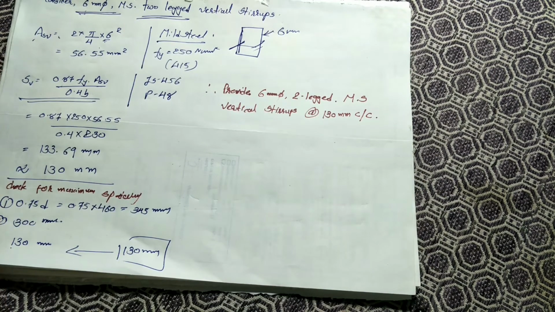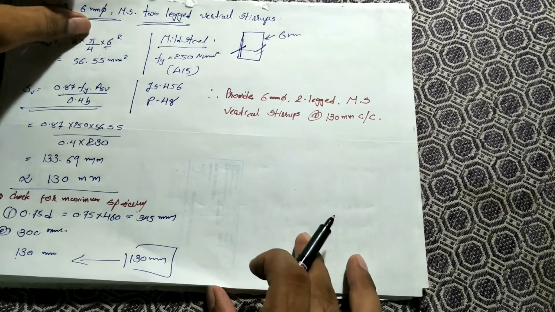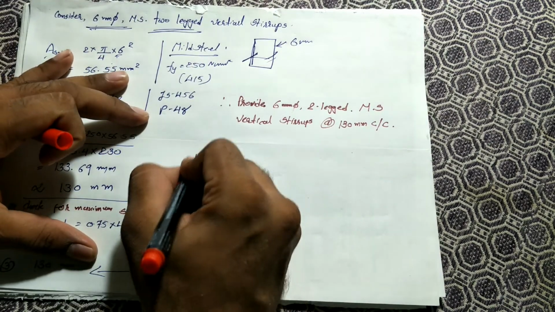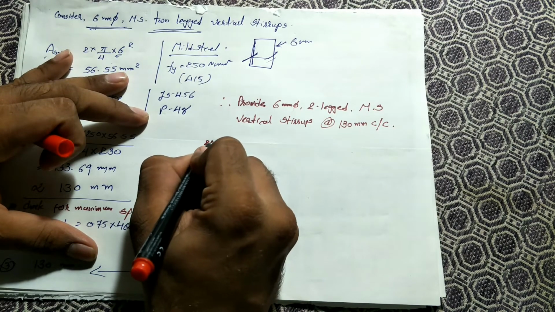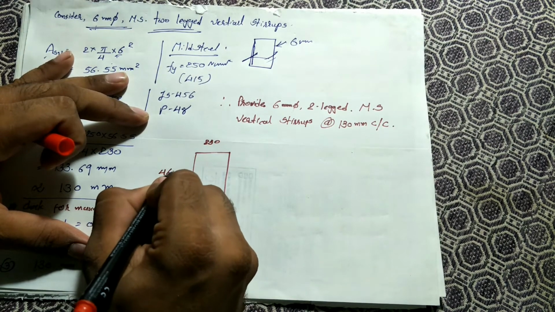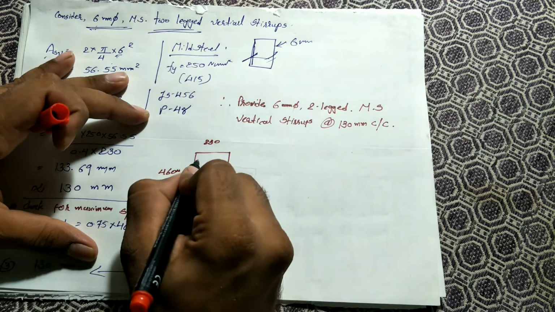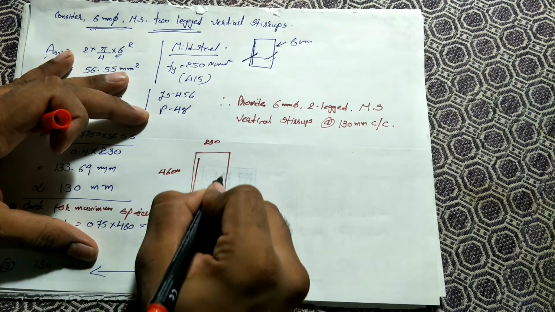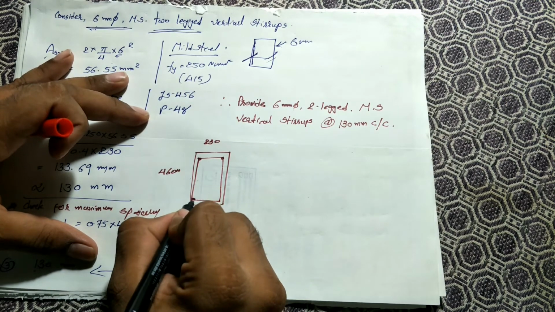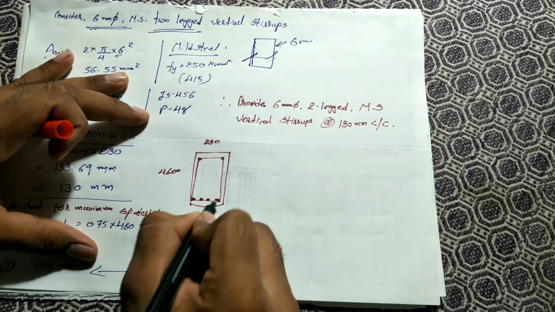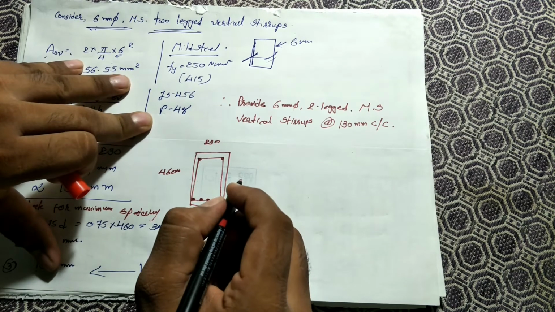If I draw a figure for this, this is your beam with size 230 mm by 460 mm. The area of steel inside is 5 numbers, like this.